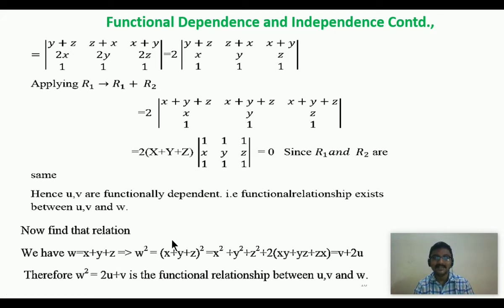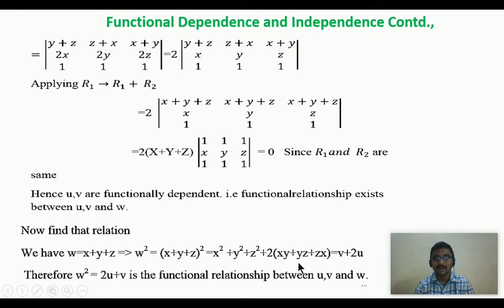For this, consider w. w is x plus y plus z. Now, squaring on both sides, we will have w square is x plus y plus z whole square. Now, expanding x plus y plus z whole square, that is x square plus y square plus z square plus 2xy plus 2yz plus 2zx.